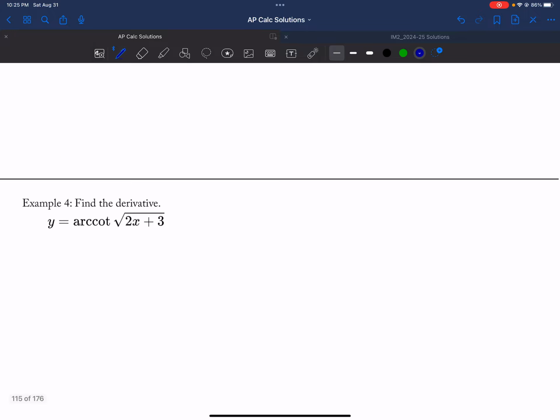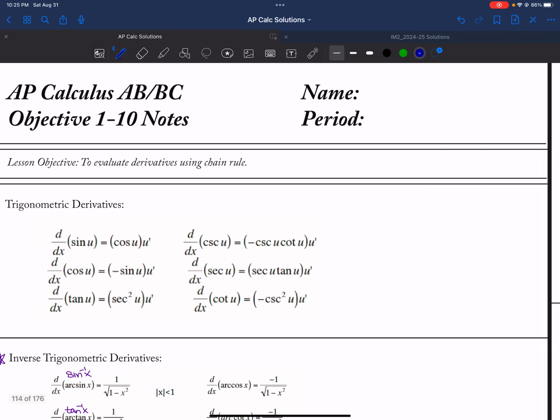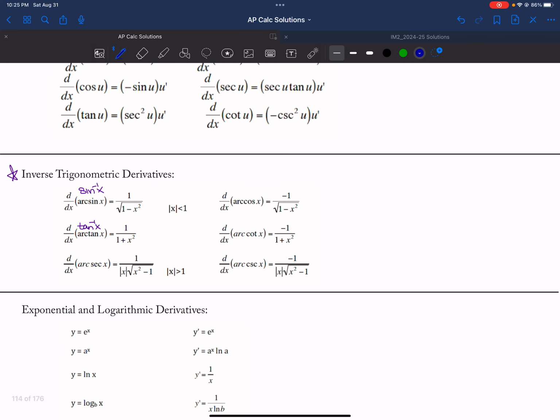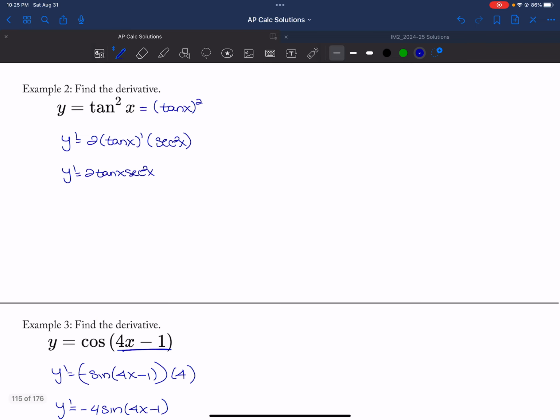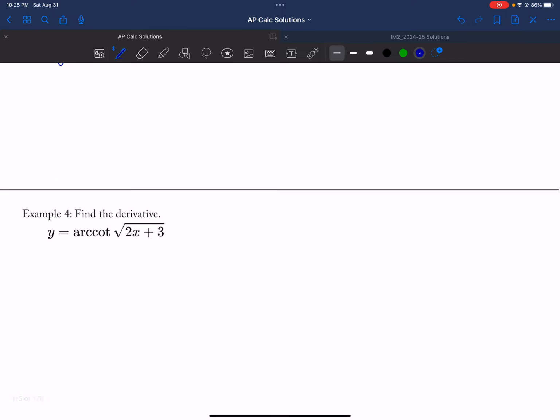Arc cotangent, so that is back way over here. Arc cotangent's derivative is negative 1 over 1 plus x squared. So this would have been y prime negative 1 over 1 plus something squared, which is the root of 2x plus 3. So I worked my way from my outside.